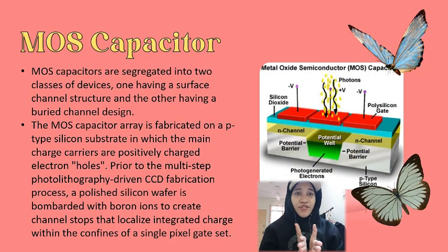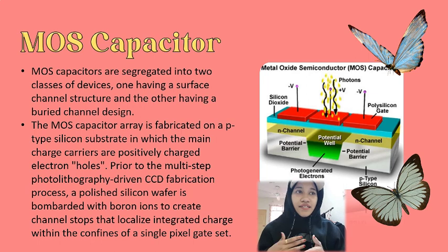Alright, so to be more detailed, CCD is a light sensitive metal oxide semiconductor, which is a MOS capacitor, which has three components consisting of a metal electrode, or we call it a circuit, an insulating film of silicon dioxide, and a silicon substrate. Most capacitors are segregated into two classes of device, one having a surface channel structure and the other having a buried channel design.